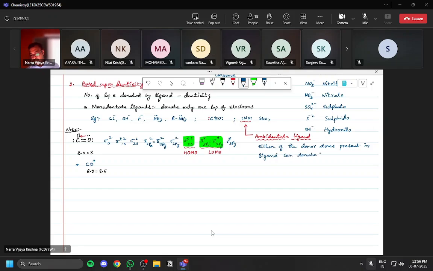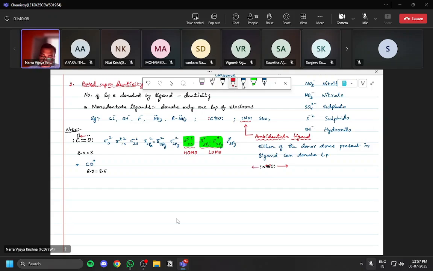For example, if you take NO, in NO one bond is an odd electron bond. If oxygen acts as a donor, it is called O-nitrosyl. If nitrogen acts as a donor, N-nitrosyl.